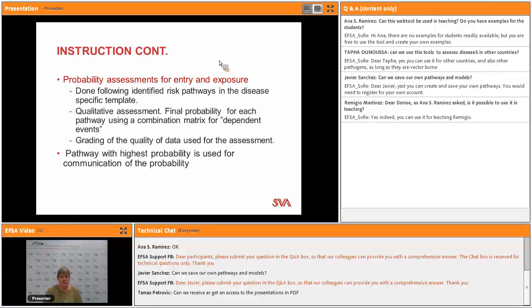And to get a final probability for each pathway, we use a combination matrix to merge the probability of entry with the probability of exposure. For each pathway, we also grade the quality of the data used. And finally, we pick the pathway with the highest probability and use that for the communication of probability for the assessment.